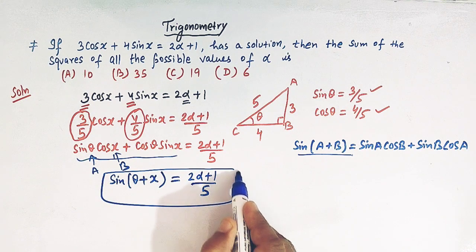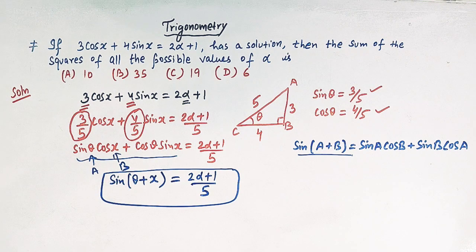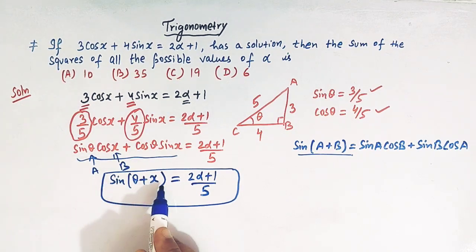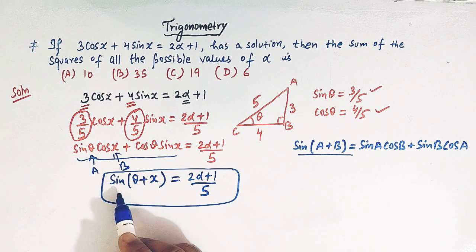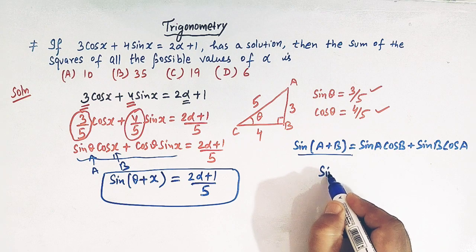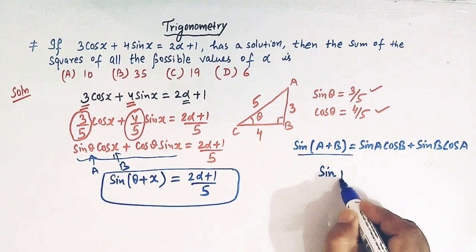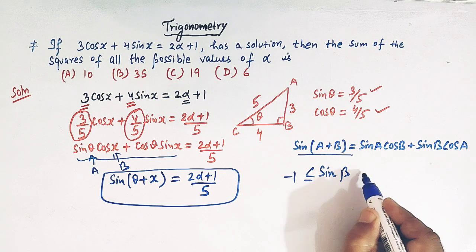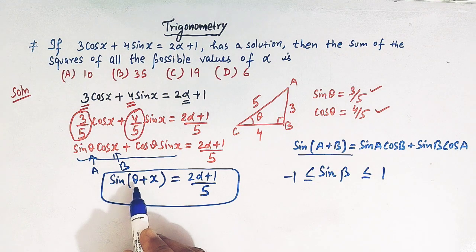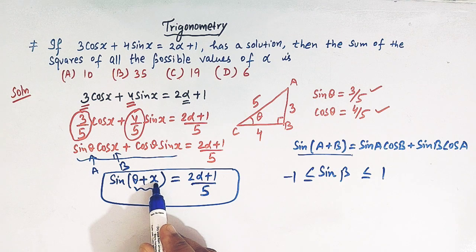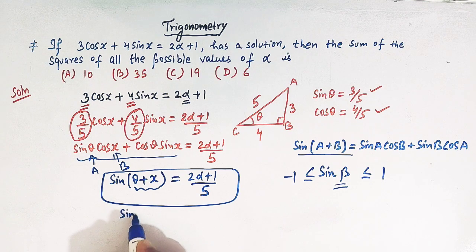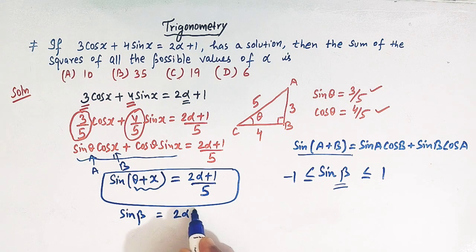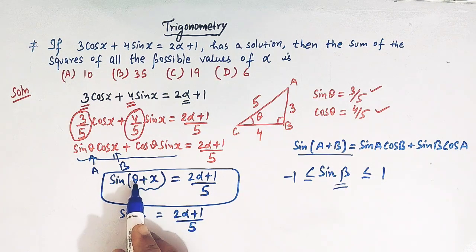Now we have a very important equation here. On the left hand side we have sine of theta plus x. Now if we consider the range of the sine function, then we know that sine of say beta always lies between -1 and 1. So if we replace theta plus x by beta, then we have sine beta is equal to 2 alpha plus 1 over 5, where beta is theta plus x.